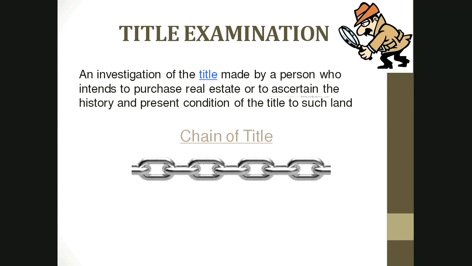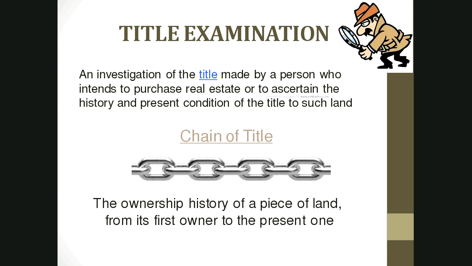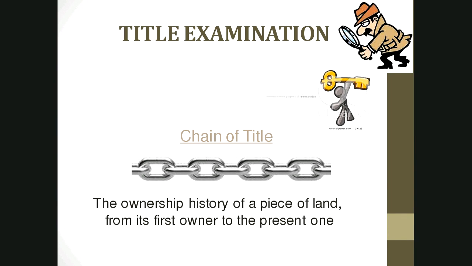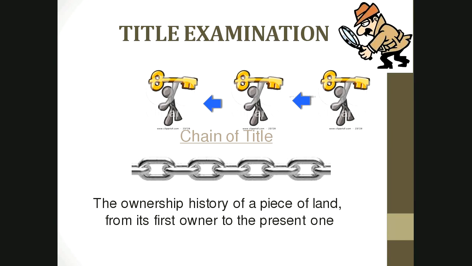When you do a title examination, you're researching what they call the chain of title. This is just the ownership history of a piece of land from the present owner all the way back to the first owner. So you start with today, and then you work your way back from one owner to the next until you get back as far as you can.